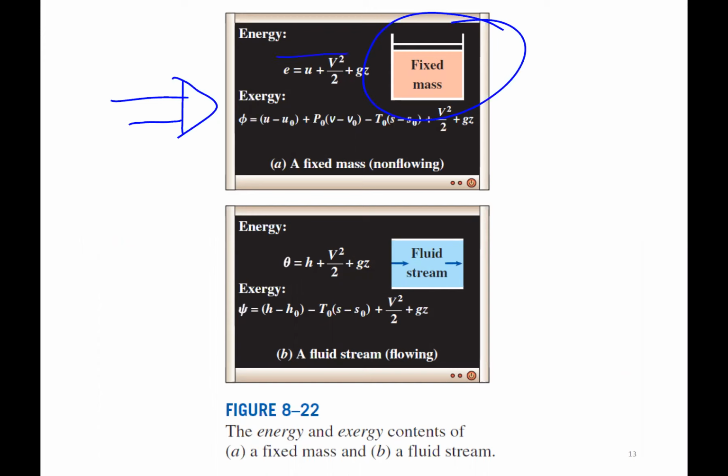Inside that closed system we have the energy, which is internal energy, kinetic, and potential, and then we have the exergy, the work potential of the fluid inside that boundary. If we have a flow stream, say state 1 flowing into a boundary, we have the energy that the mass flow rate is carrying in or out, and the exergy, the work potential that the mass flow rate is carrying in or out.